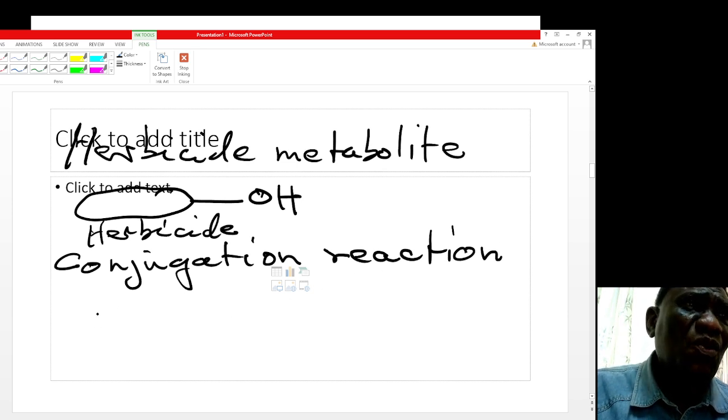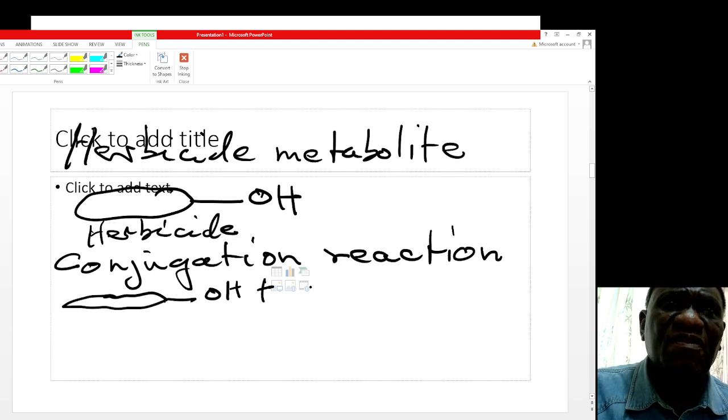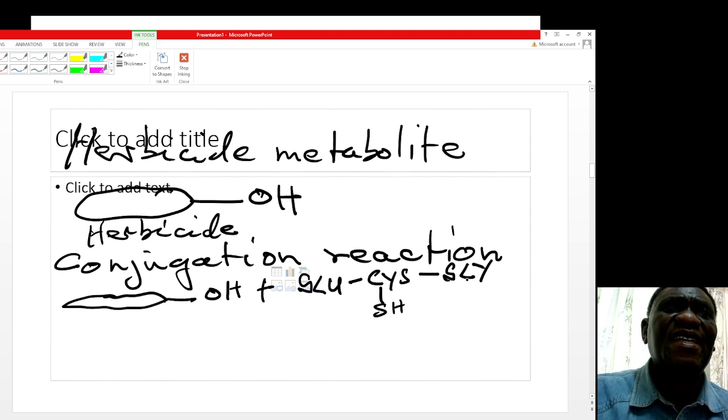So we'll have our herbicide like this plus glutamate, cysteine with our SH here, and glycine at the end.